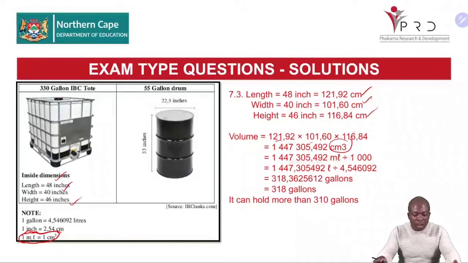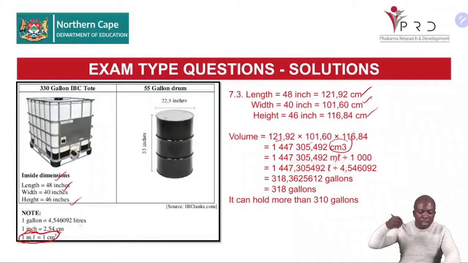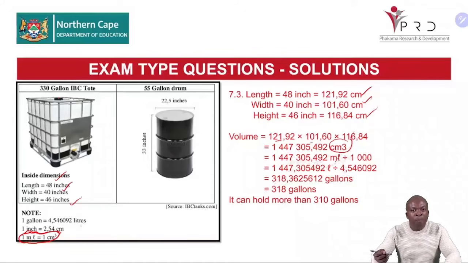The unit has just changed. So now I'm changing it from milliliters to liters so that it can allow me to change from liters to gallons. Are we understanding each other? We are taking it from centimeters cubed to milliliters. Then from milliliters to liters. And finally from liters to gallons.